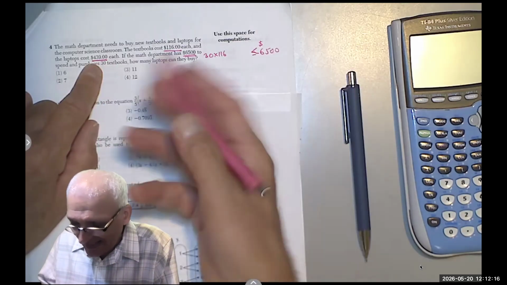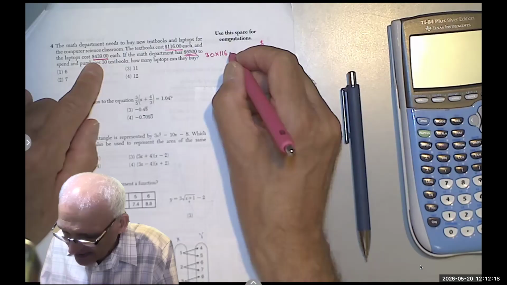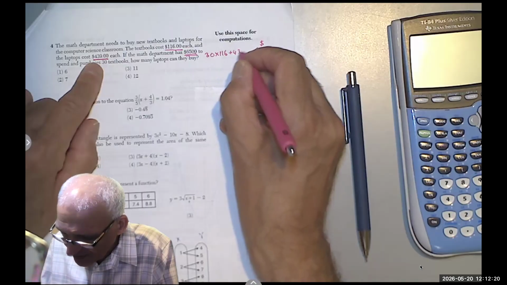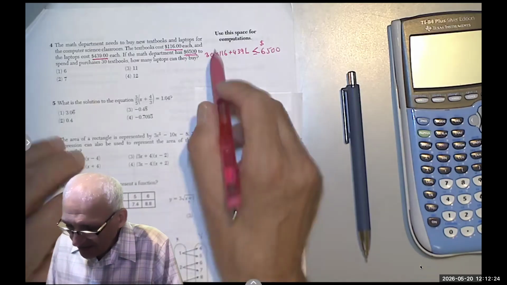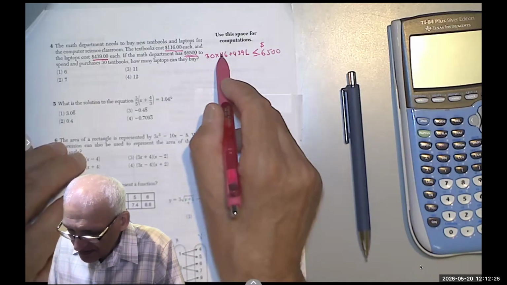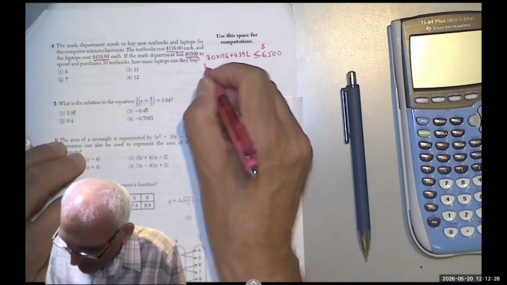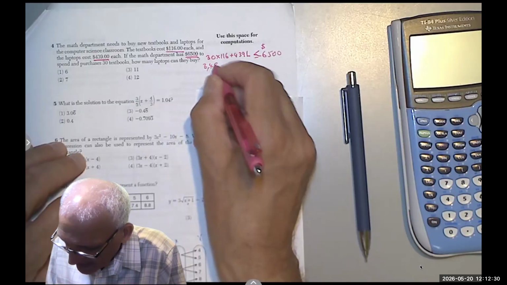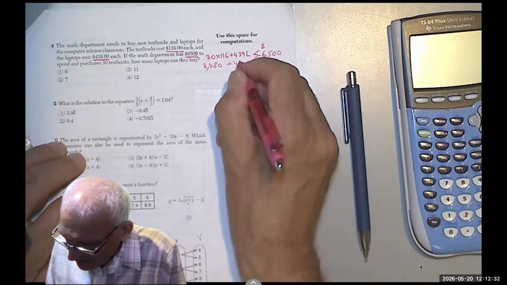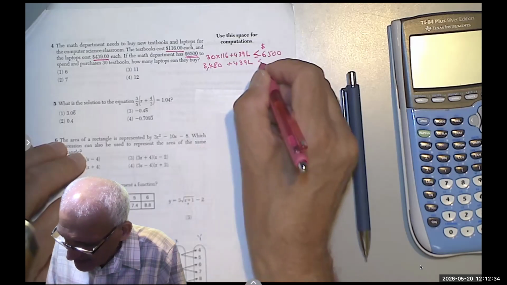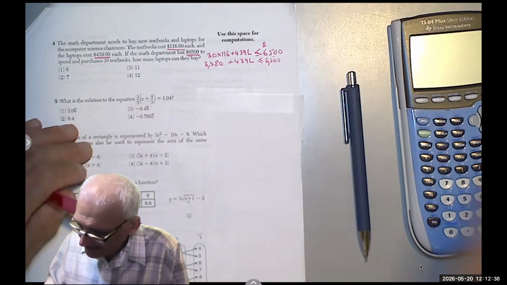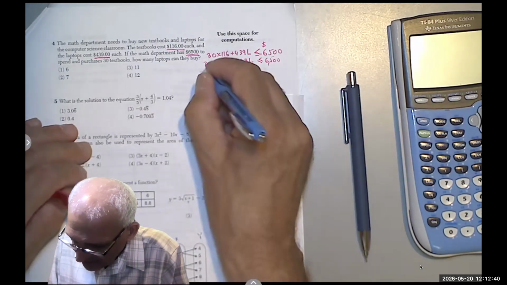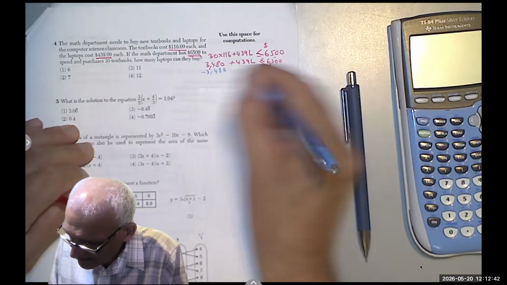So if we call that L, for laptop, I say plus 439L. Now this is 3480, so 3480 plus 439L has to be less than or equal to 6,500. I'm going to subtract 3480 from both sides.